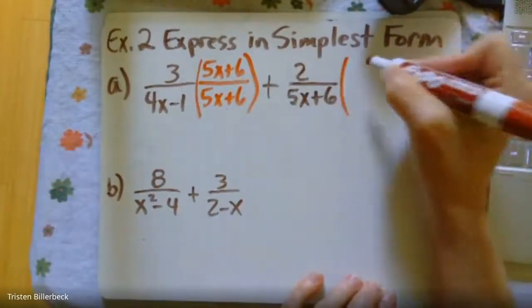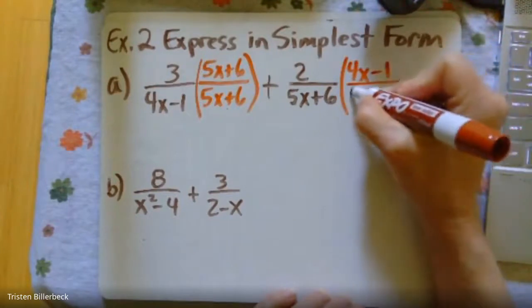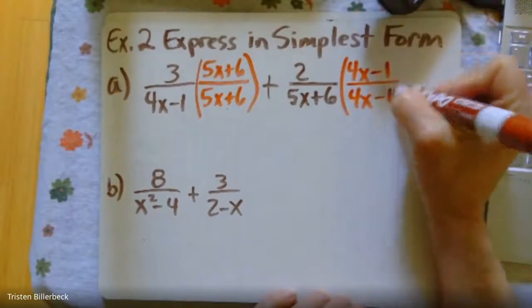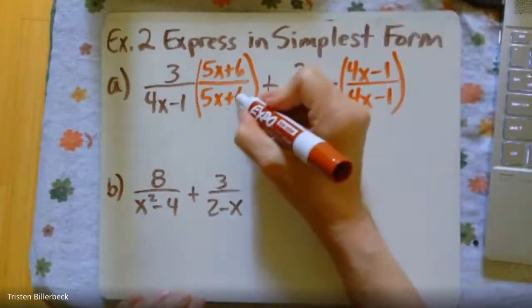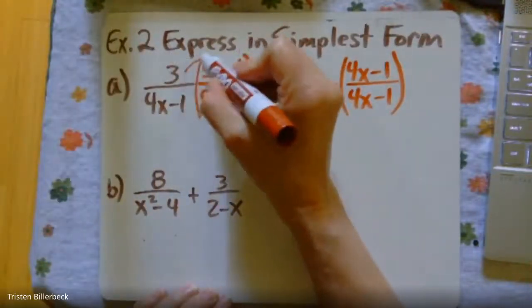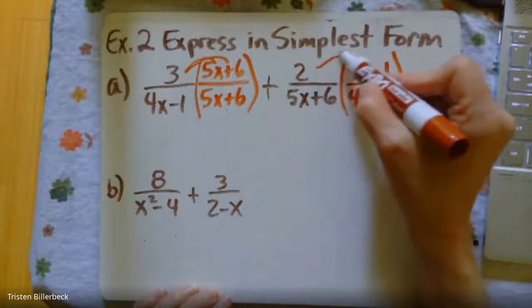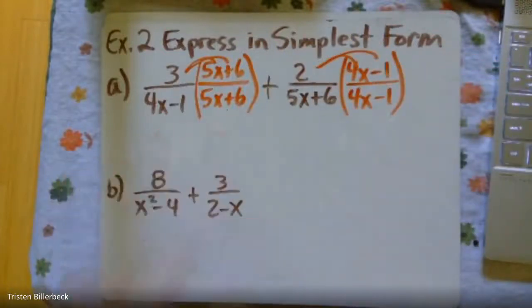And we have to do it on the other side too. Okay. So we're going to distribute this 3 to both of those and the 2 to both of those.